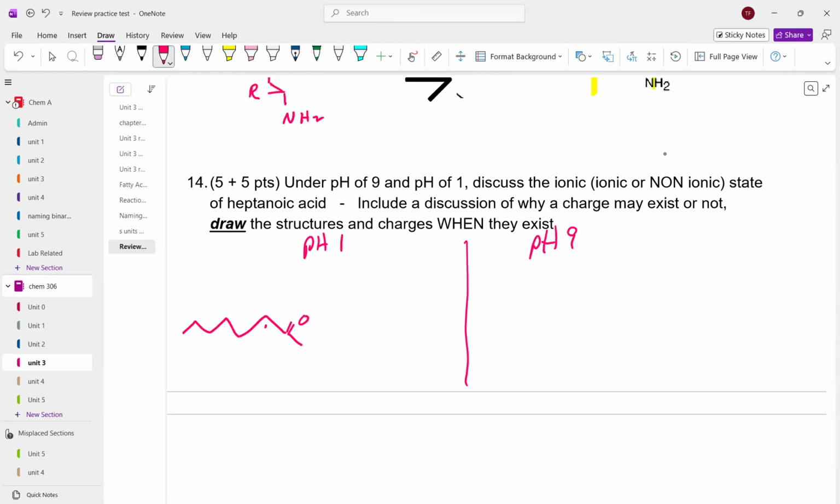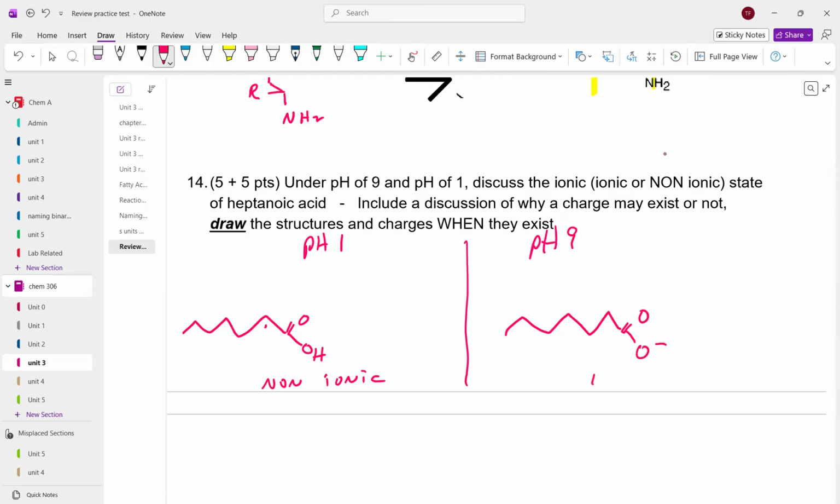Now, an acidic situation, that OH is going to be protonated. That means that is non-ionic. In a basic situation, it pulled off that proton, leaves us with that.